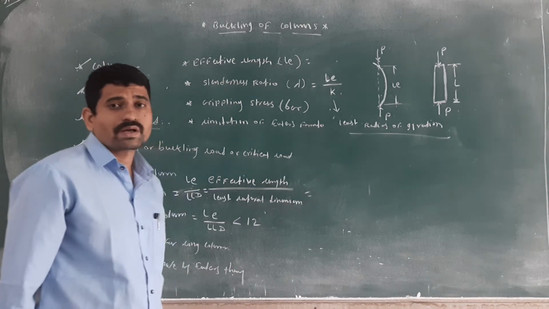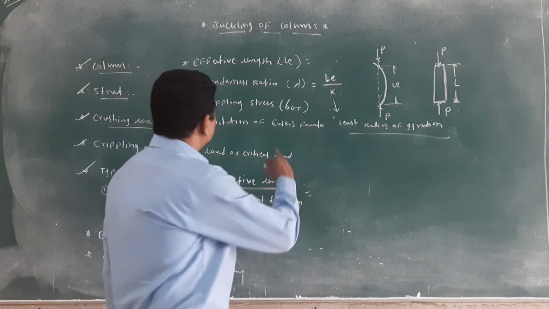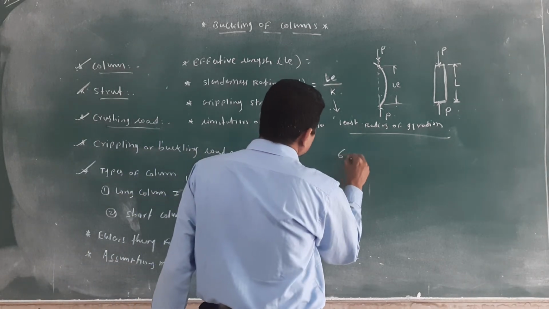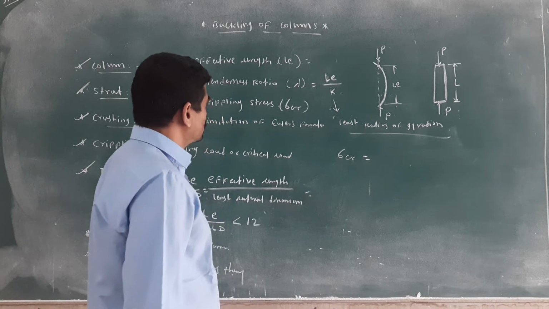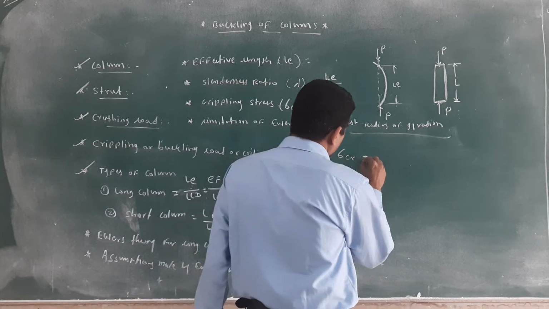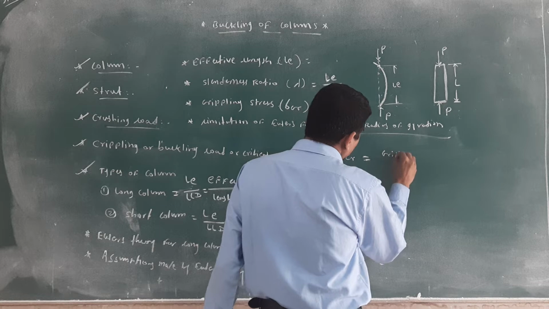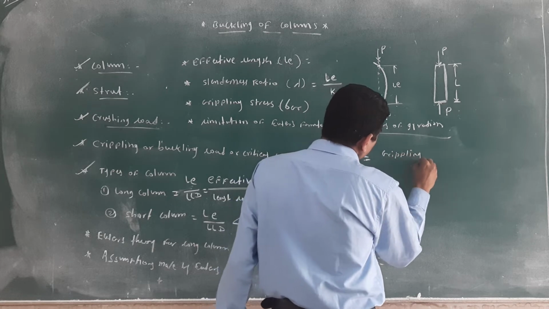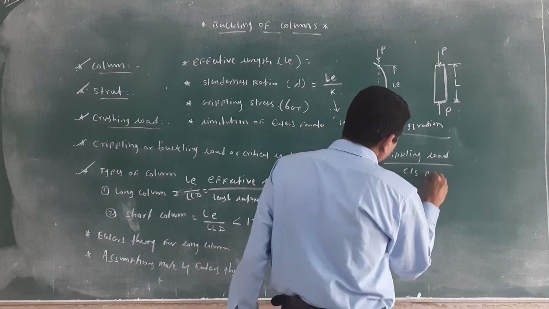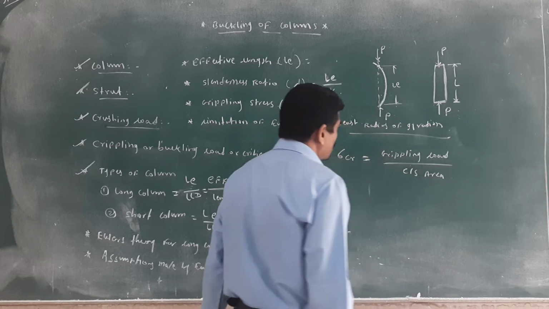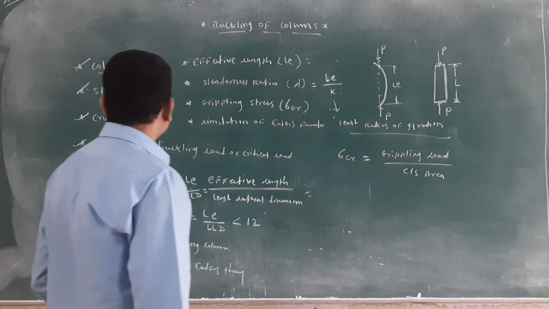Sigma CR, the crippling stress, is the ratio of the crippling load divided by the cross section area. Then how to calculate the crippling load?